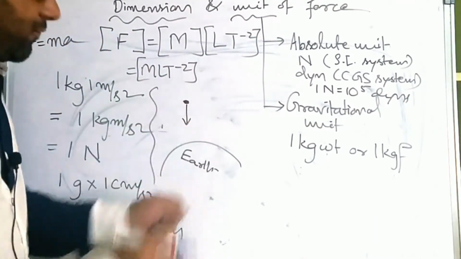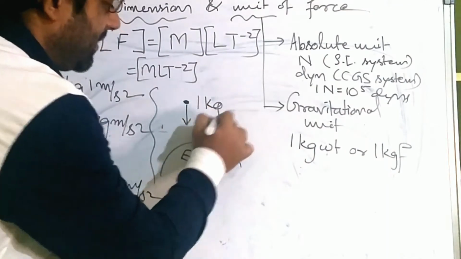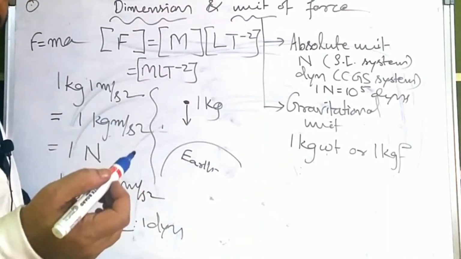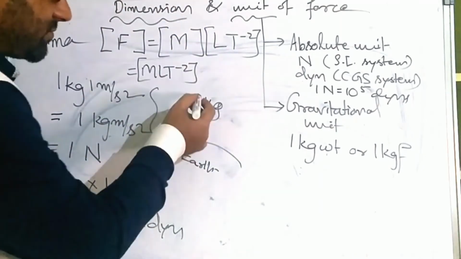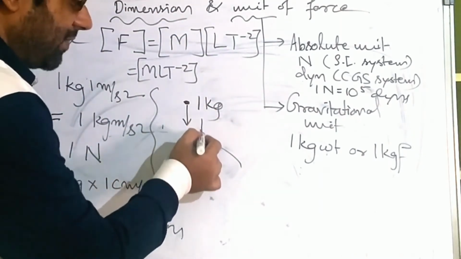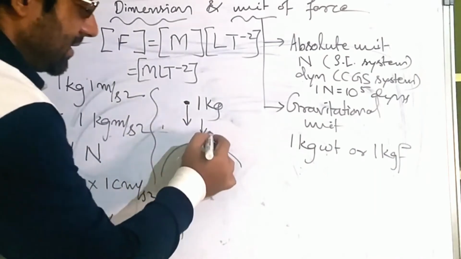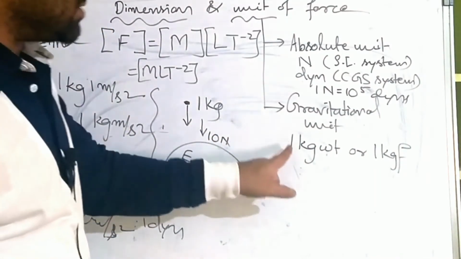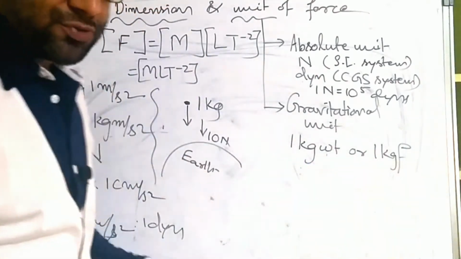So the weight of 1 kg, what is it? Now assuming g is 9.8 meter per second square, or let us say g is equal to 10 meter per second square, then if you are taking 1 kg, it will be attracted with 1 into g, that is 10 Newton force. That 10 Newton force we can call 1 kg weight or 1 kg force.